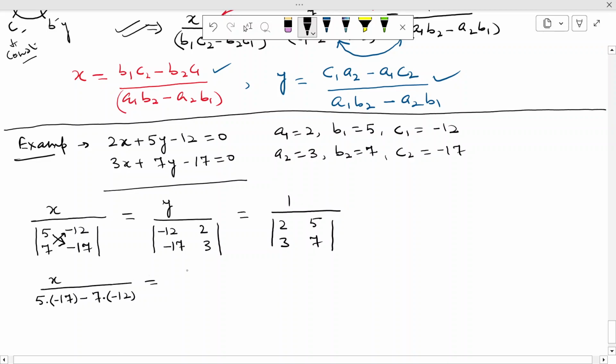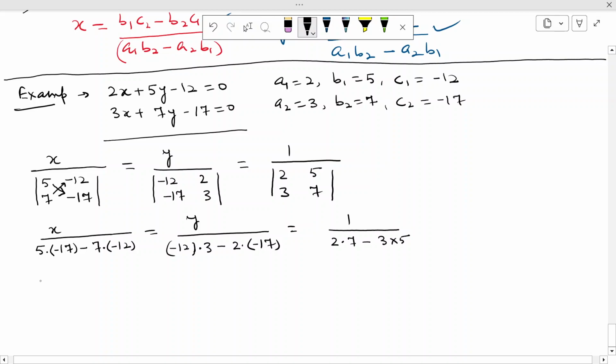Next we are having y over, so this is minus 12 multiplied by 3 minus 2 into minus 17 is equals to 1 over 2 into 7 minus 3 into 5.